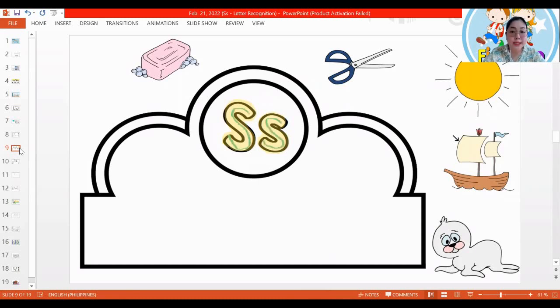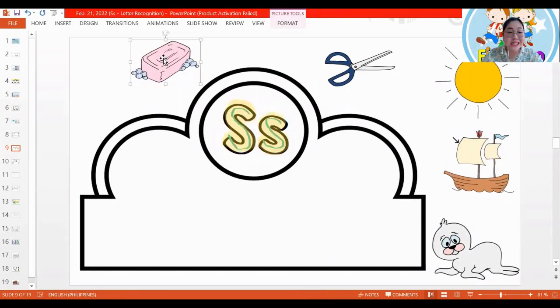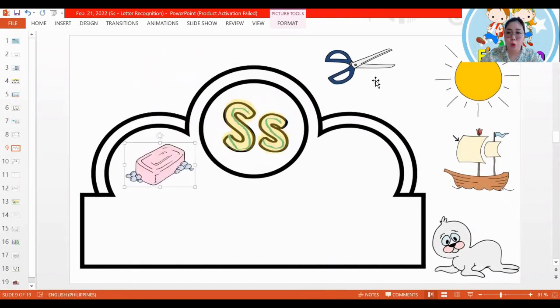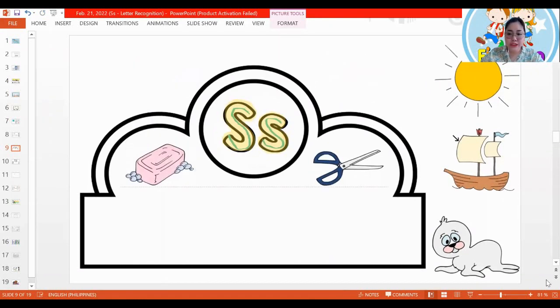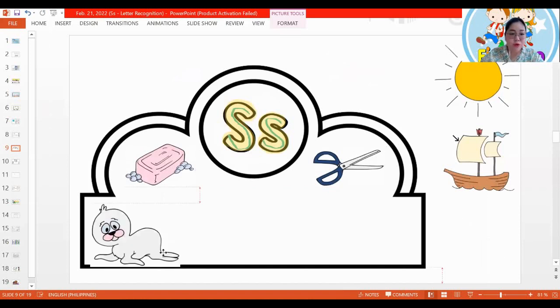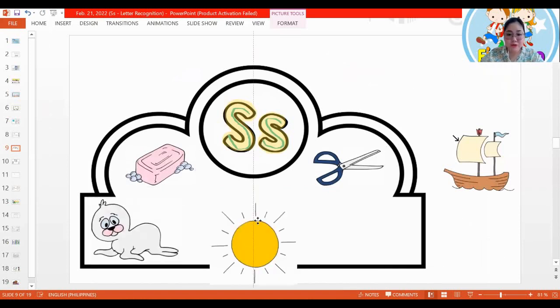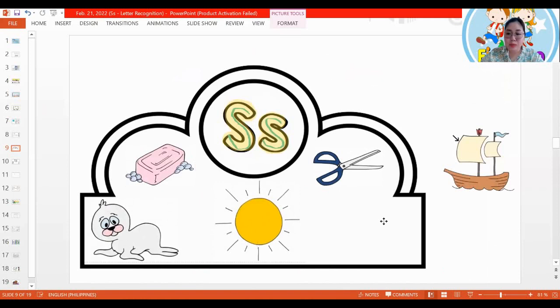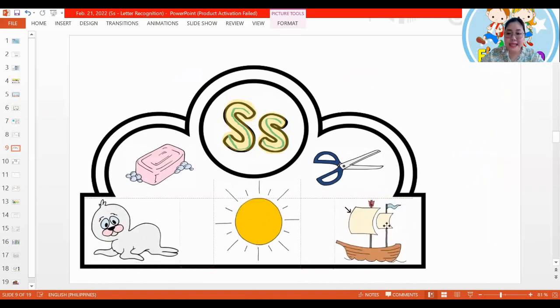And remember, the sound of S is S. So we have to paste the pictures that have the S sound in the beginning, just like S for soap, S for scissors, S for seal, S for sun, and lastly, we have S for sail. So the arrow is pointing to the sail of the boat.